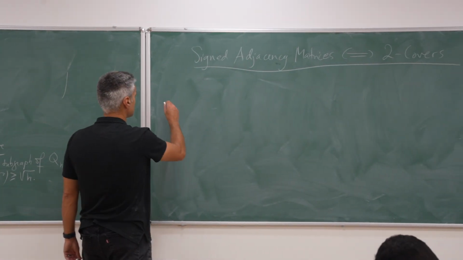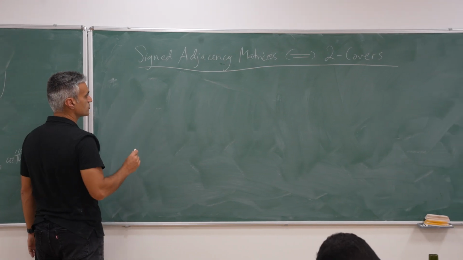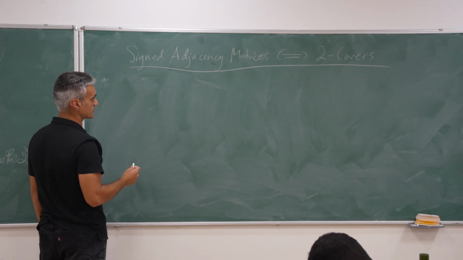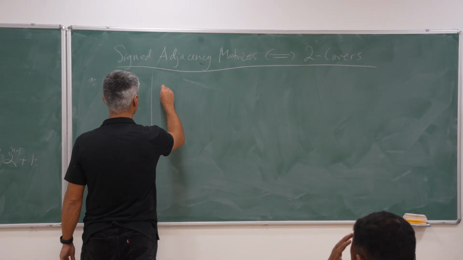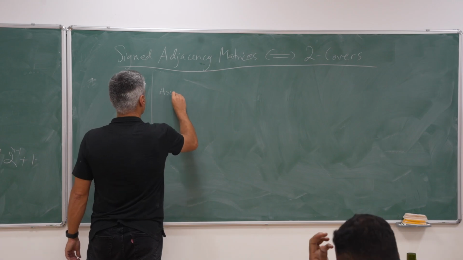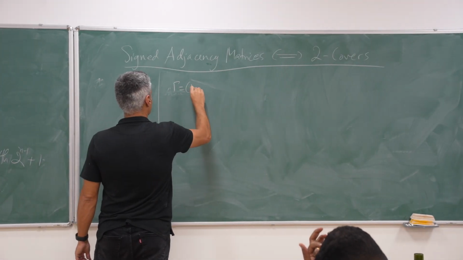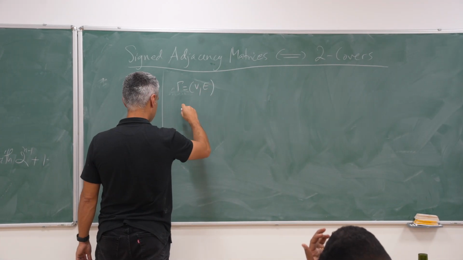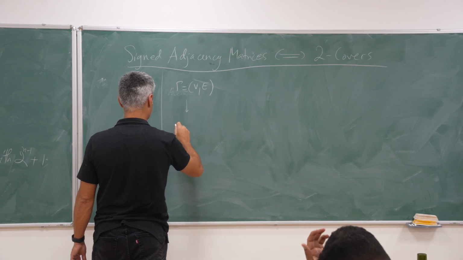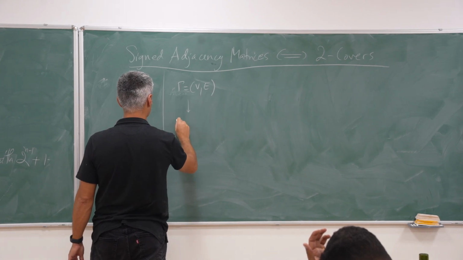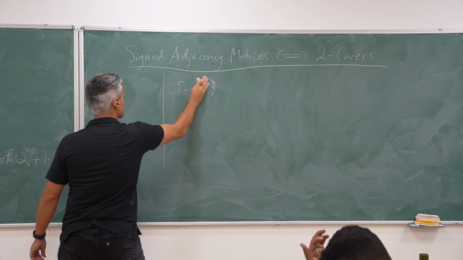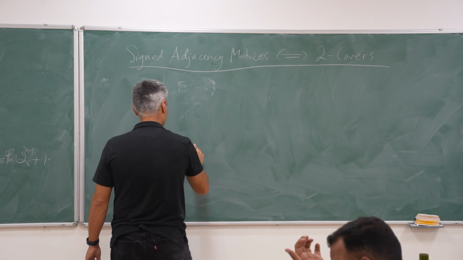I'll do the general definition, and I'll do an example. You have gamma, a graph. From it we can construct the following: gamma prime will be a two-cover.